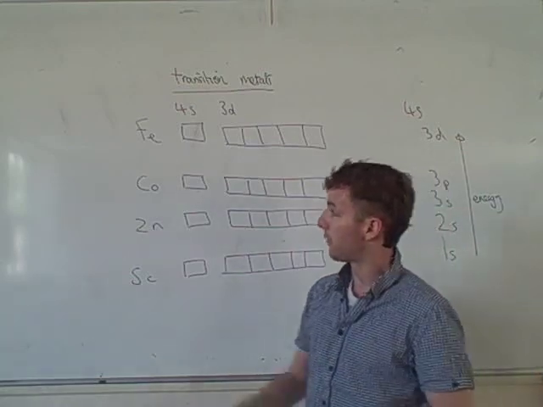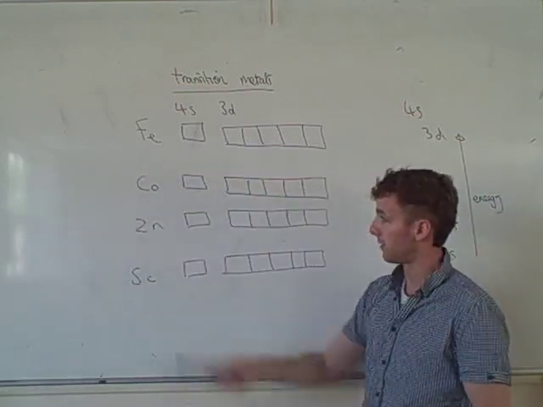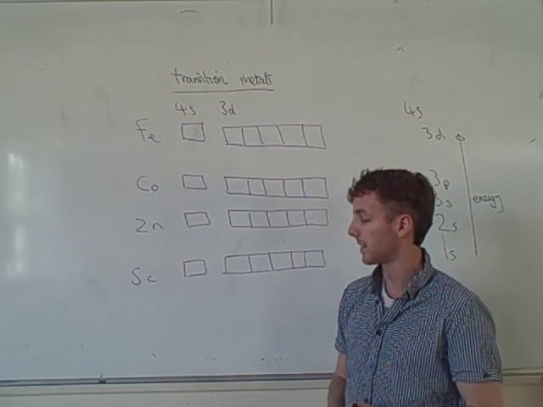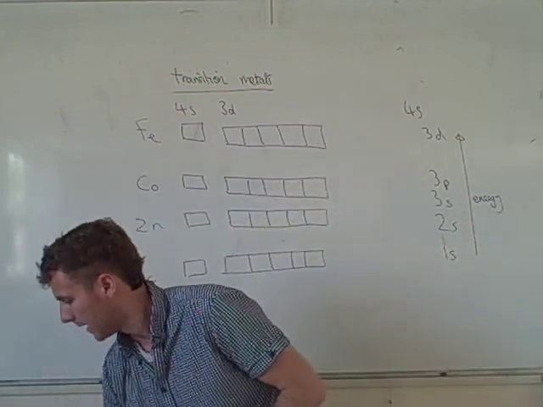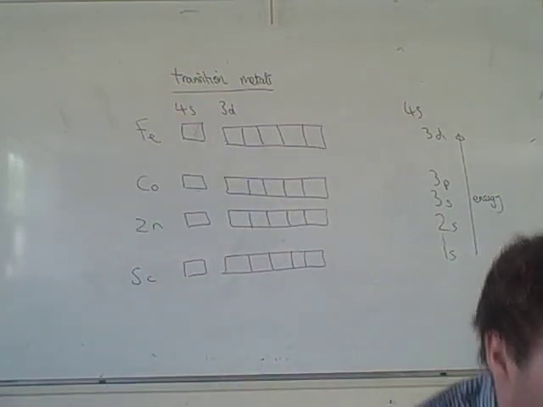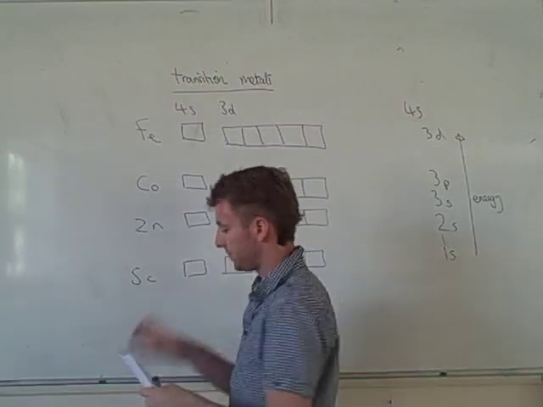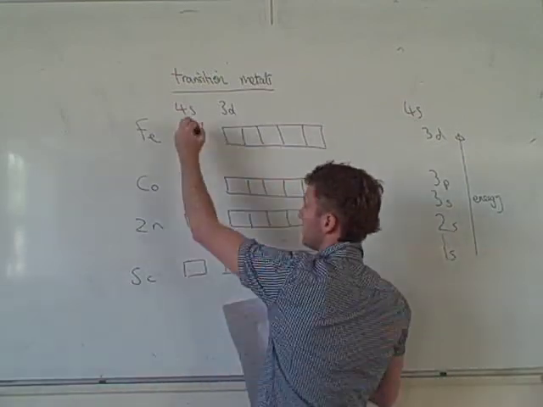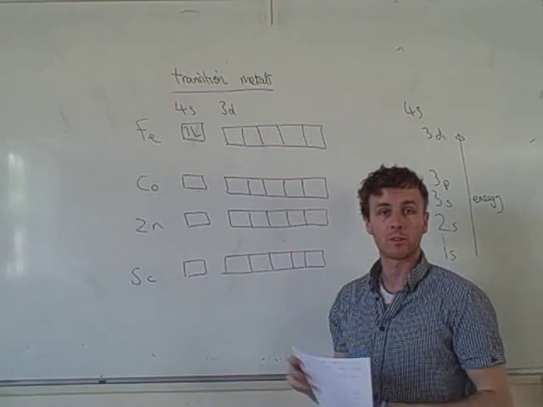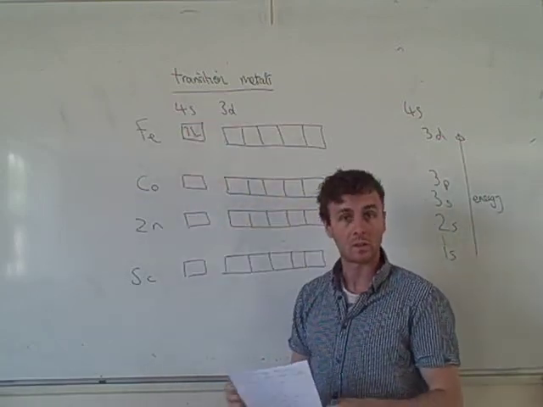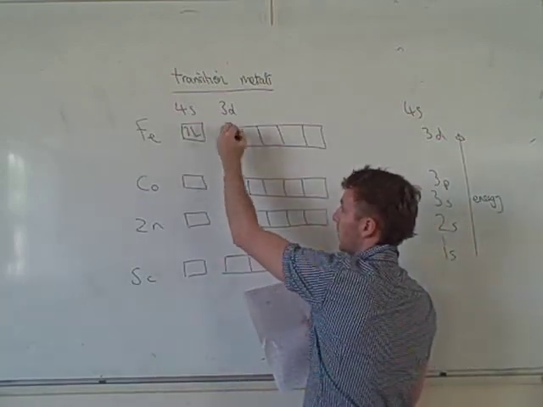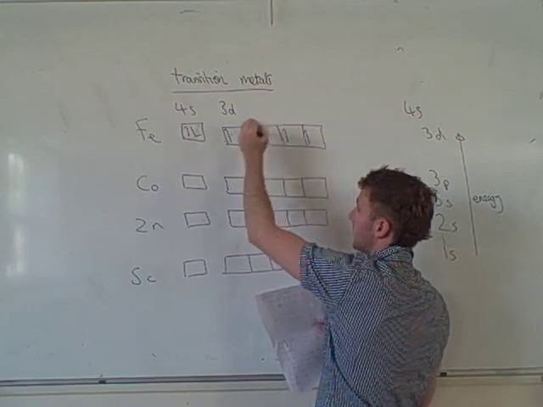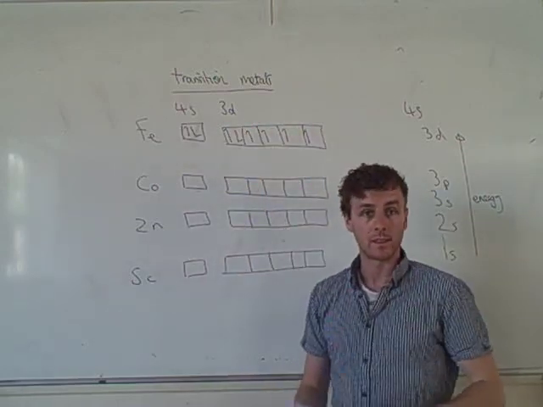So I'm just going to draw a few electronic configurations of iron, cobalt, zinc and scandium. And iron, I can find my sheet, will look like this. I'll do my electrons pointing up and down because they need opposite spins. We'll then have 6 electrons in my d subshell.